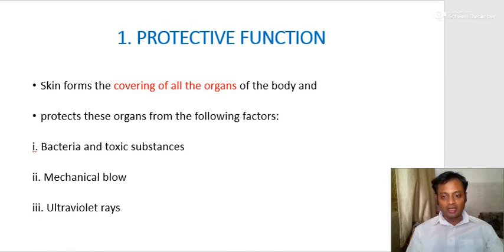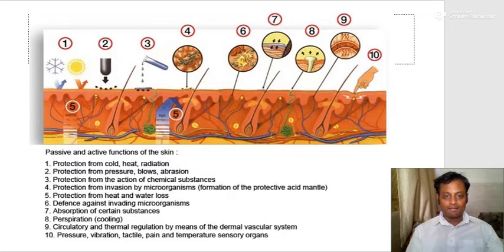It protects our internal organs from various problems. So you can see this slide. Everything we have given clearly. The passive and active functions of the skin. It has multiple actions and multiple functions. Let us discuss one by one.